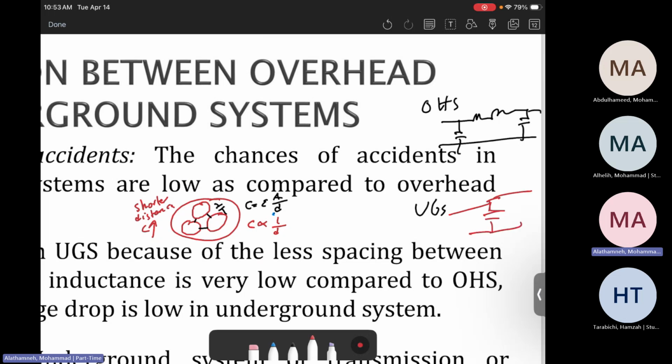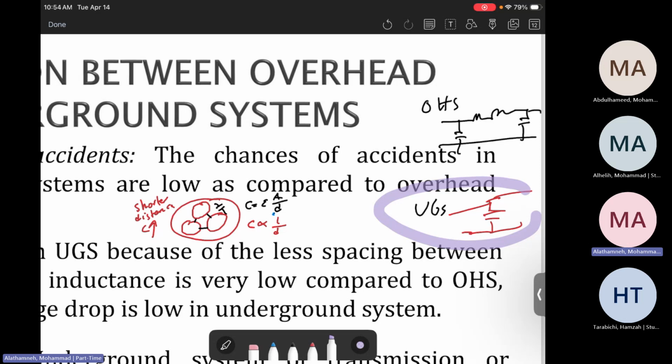It's not 100% the equivalent circuit for underground cables, but we'll talk about it later. But I would say there is a capacitance.